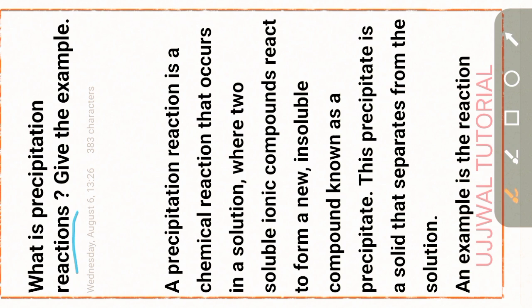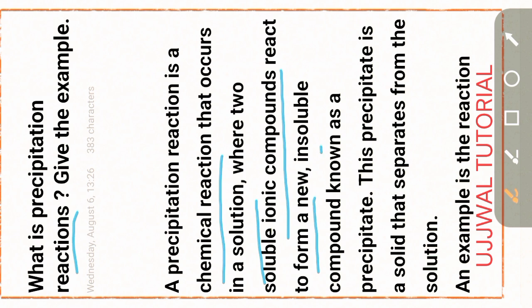Give the example. A precipitation reaction is a chemical reaction that occurs in a solution where two soluble ionic compounds react to form a new insoluble compound known as a precipitate.